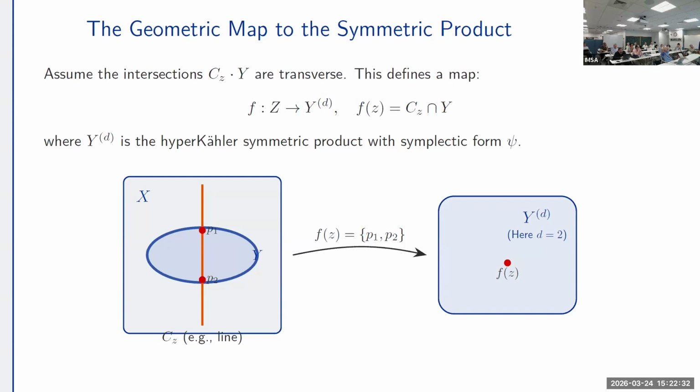So this line, this red line, is going to intersect Y in 2 points. So you can define a map from Z to Y to the power d just by sending a curve to where it intersects Y. It's not complicated, but on the symmetric power of Y you have a hyperkahler structure, induced by the symplectic form of the K3.